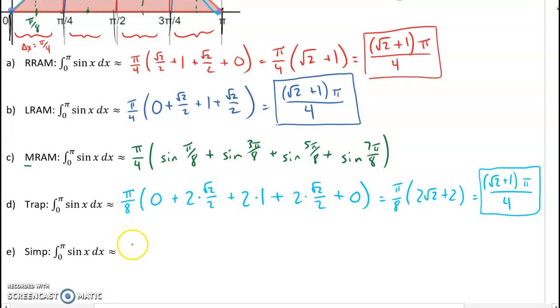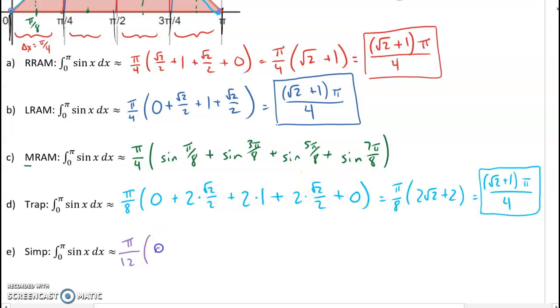But when we apply that formula, we have b minus a over 3n, so that b minus a is pi, and if n is 4, we have 3 times 4, which is 12. And we'll use these same values of 0, root 2 over 2, 1, root 2 over 2, and 0, but we'll change our coefficients.